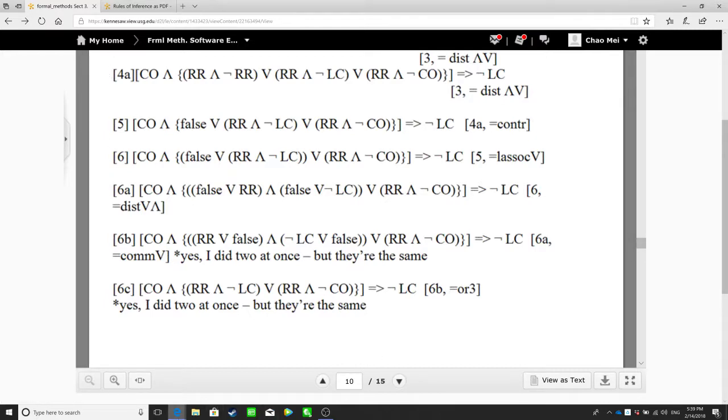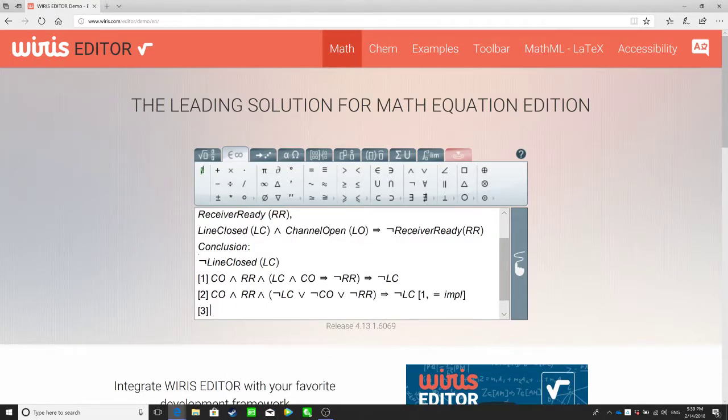The idea here is we have this RR and we have this negation RR, and we're trying to put them together so that we can have a true or false.